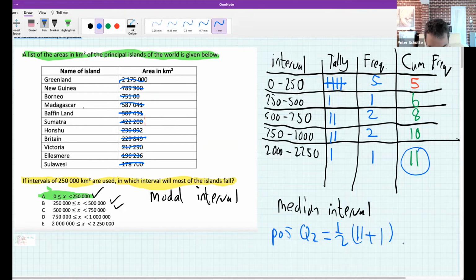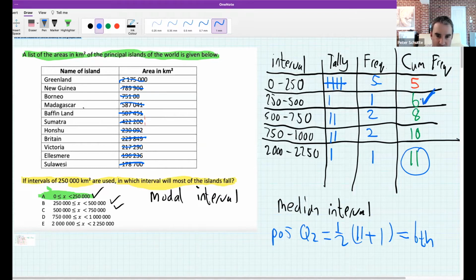So for the position of the median, we're just going to go half of 11 plus 1. So what's the position of the median going to be in this data set? 6. Yeah. So it's the 6th position in this data set. Now, if you look at the cumulative frequency column, we've used up 5 items in the first interval, but when we get to the second interval, we've used up 6 items.